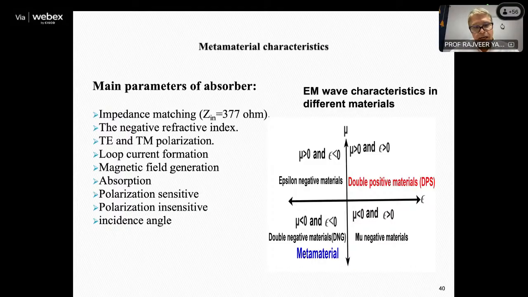Incidence angle is to be taken care of, or sometimes you need to devise your device in such a way that it should not depend on incidence angle. So this is the theory behind developing the absorber so that we can use these absorbers for equivalence to blood glucose concentration level.